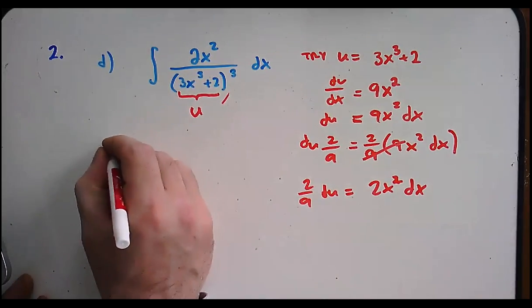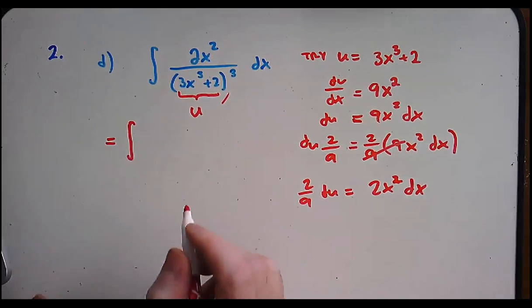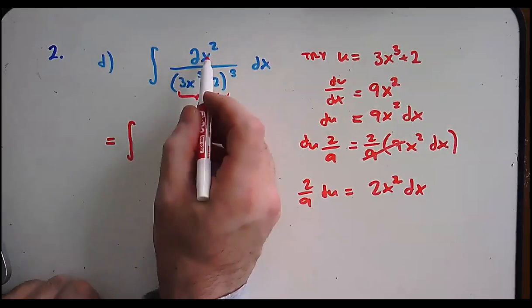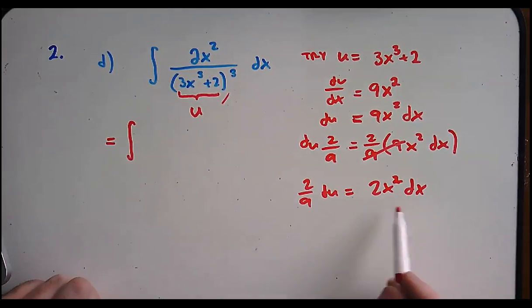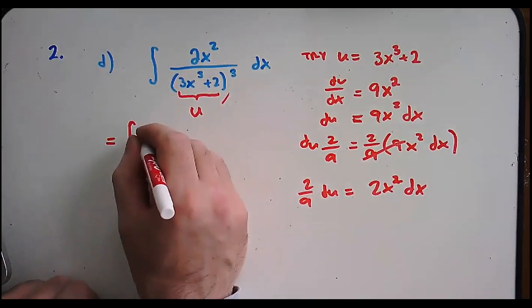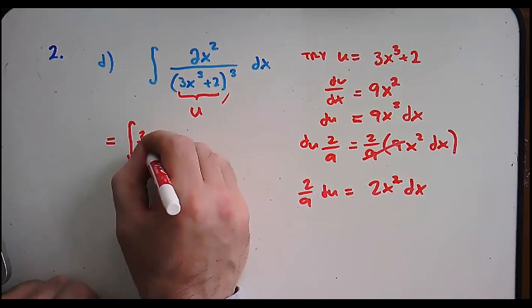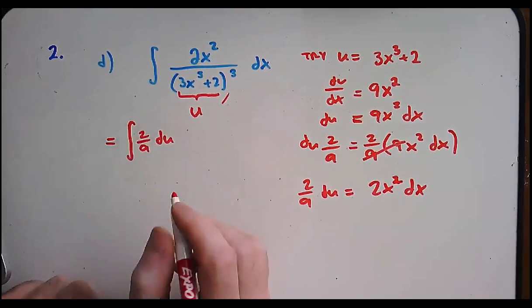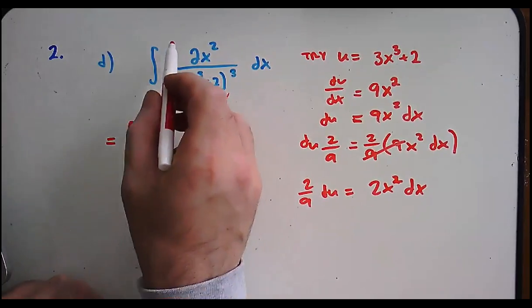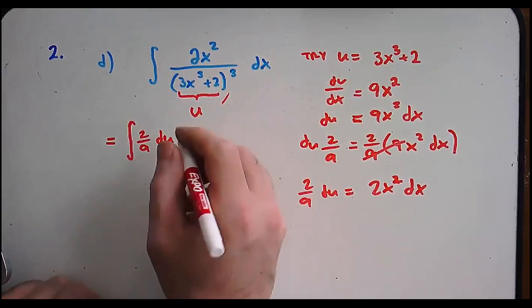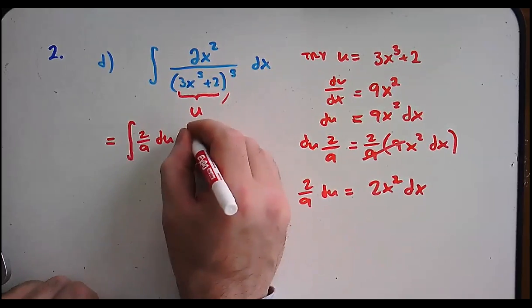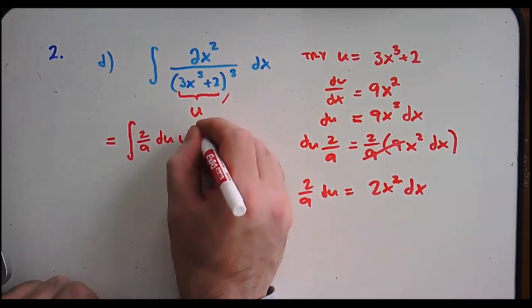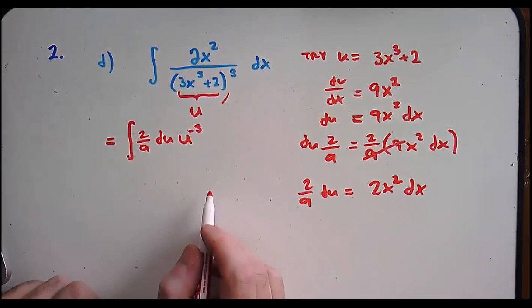So my original integral in terms of x, we can rewrite in terms of u. When we do so, our 2x squared dx, as previously mentioned, becomes 2/9 du. So 2/9 du times 1 over u cubed. So 1 over u cubed is u to the negative 3rd power, right?